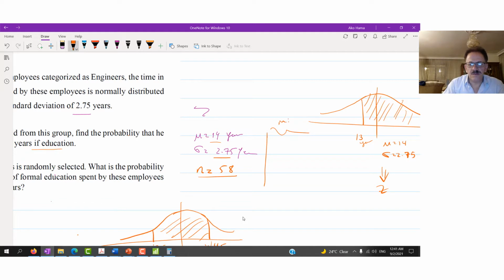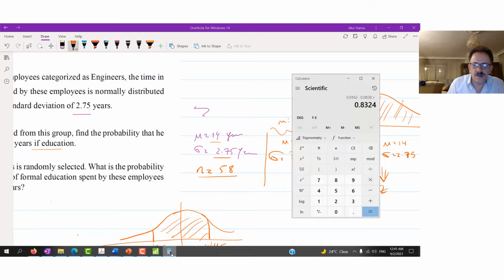This is for Minitab: use mean equal to 14, and the sigma is equal to 2.75 divided by square root of 58.